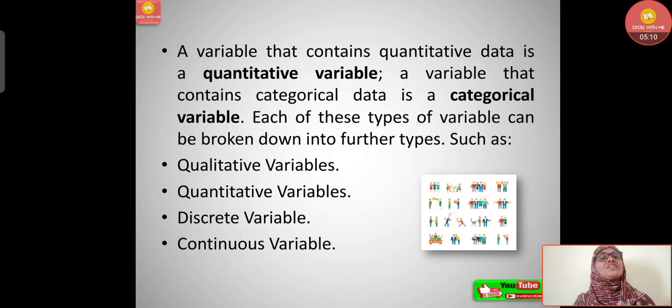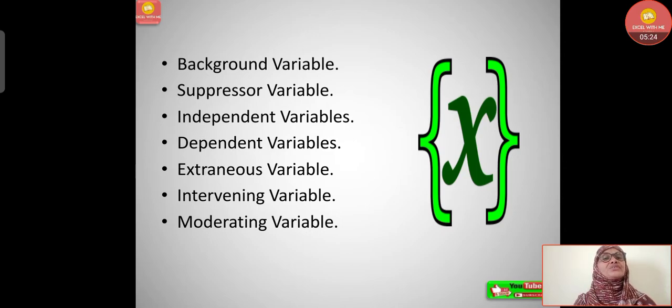Each of these types of variable can be broken down into further types, as many kinds of variables are there. Here let's see: qualitative variables, quantitative variables, discrete variables, continuous variables, background variables, suppressor variables, independent variables, dependent variables, extraneous variables, intervening variables, moderating variables.